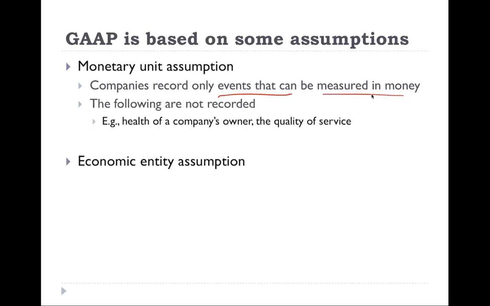It just means that whatever cannot be measured in money, companies do not record. Not all events can be measured in money. For example, the health of a company's owner, how can you measure it in money? It's very difficult. So companies do not need to record that. The quality of service is also very difficult to measure in money, so it is not recorded by companies either. This is the monetary unit assumption.